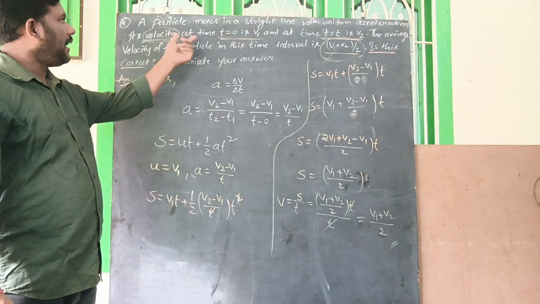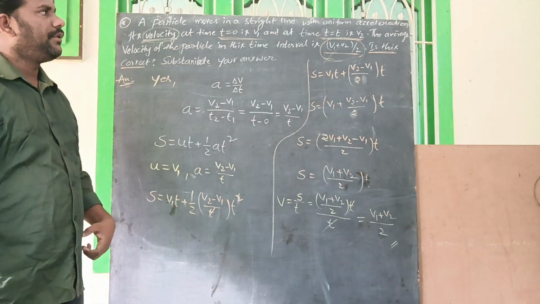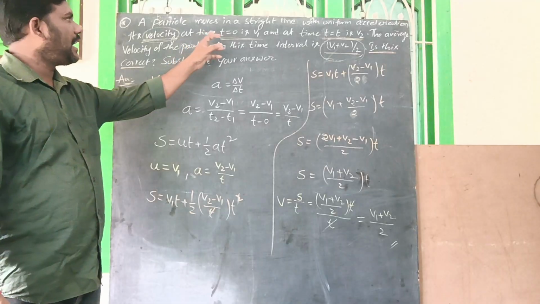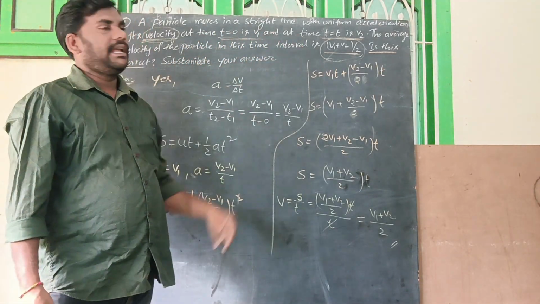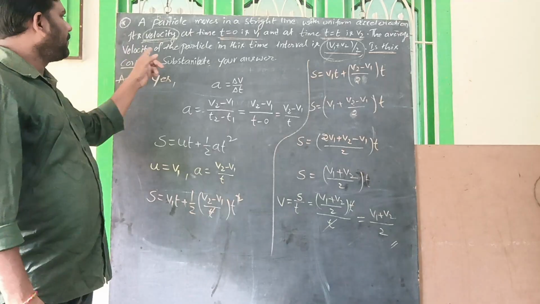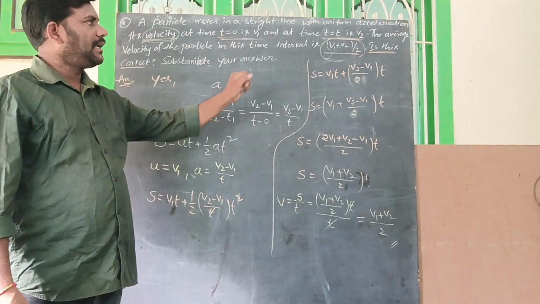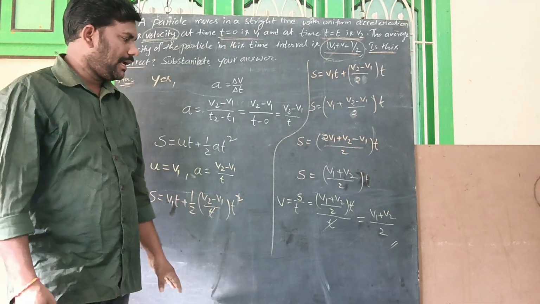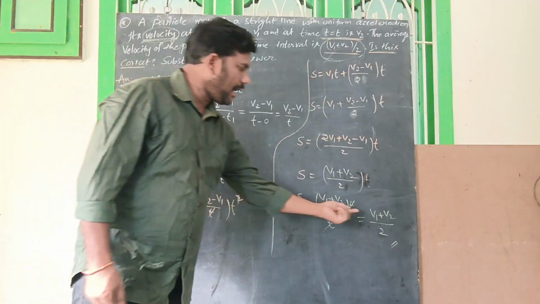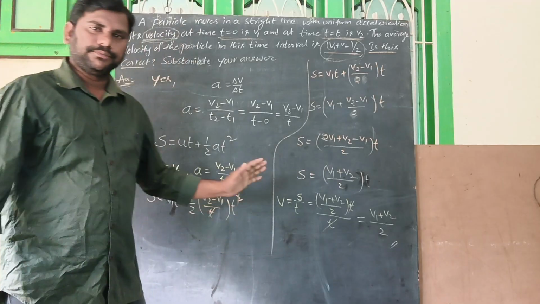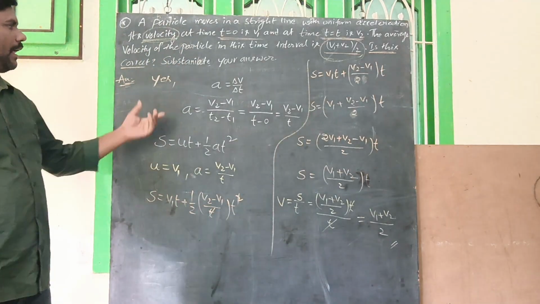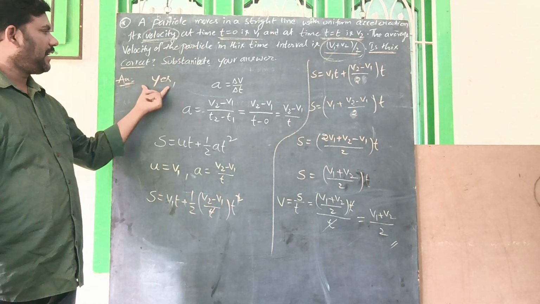A particle moving in a straight line with uniform acceleration has velocity v1 at time t equal to 0 and v2 at time t equal to t. The average velocity of the particle in the time interval is (v1 plus v2) by 2. This is right. So the given statement is true.